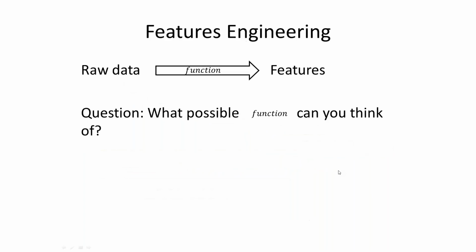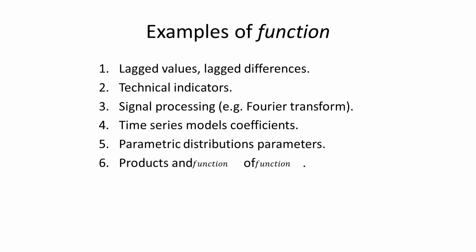Okay, so great. And more ideas about feature engineering: many people forget that you are not restricted to using only raw data as features. You can transform them in some fashion before they become features. And there are many kinds of functions that you can apply.